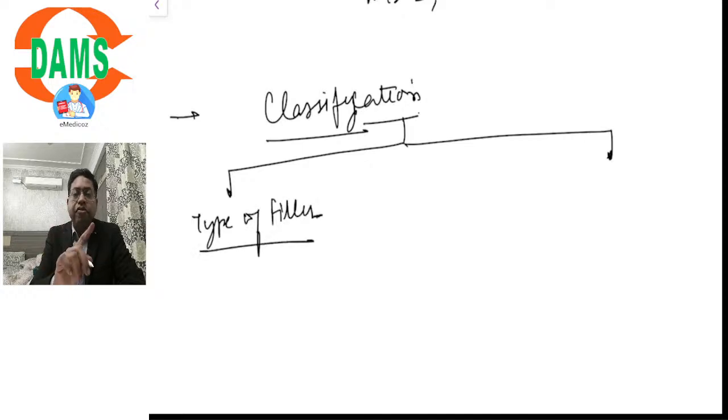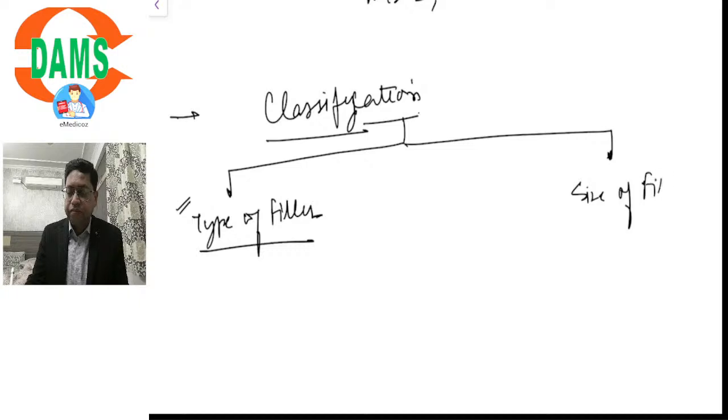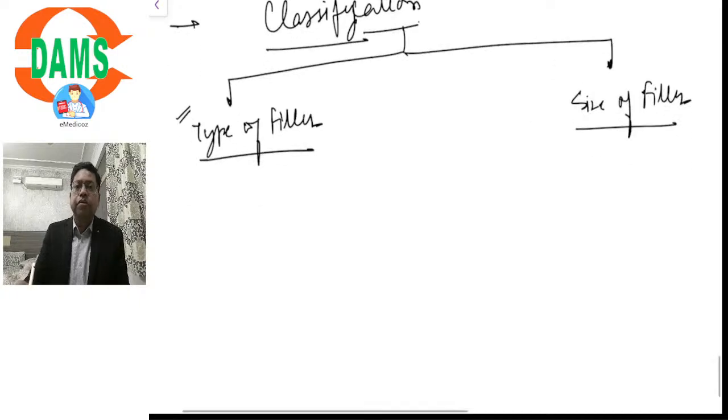You know that the organic matrix would be either Bis-GMA or TEGDMA or a combination of them. Mostly methacrylate resins are present in the traditional composites, but there is variation in the type of filler. The second scheme, which is more commonly used nowadays, is based upon the size of filler particles. Type of filler and size of filler particles.